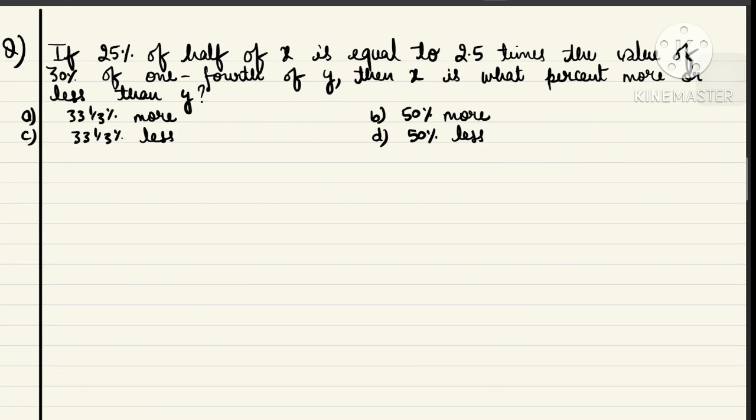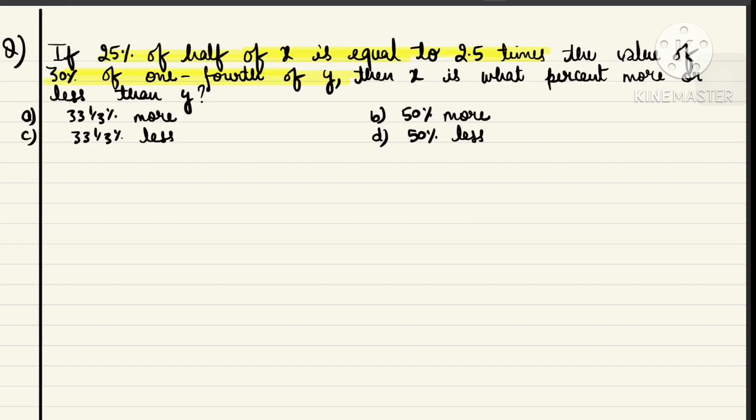Okay, next question. In the next question, it has been asked, if 25% of half of x is equal to 2.5 times the value of 30% of 1/4 of y.